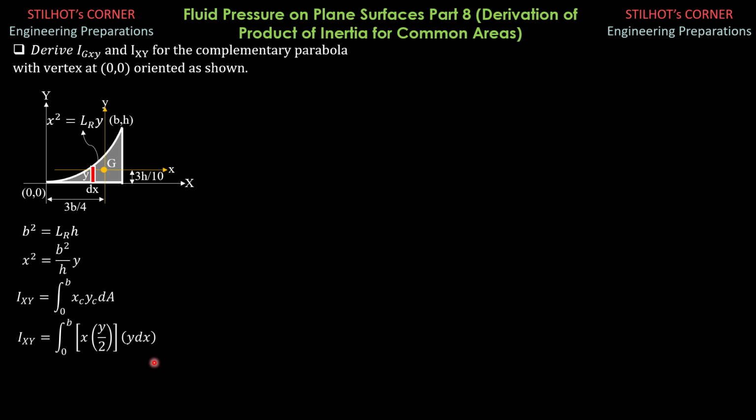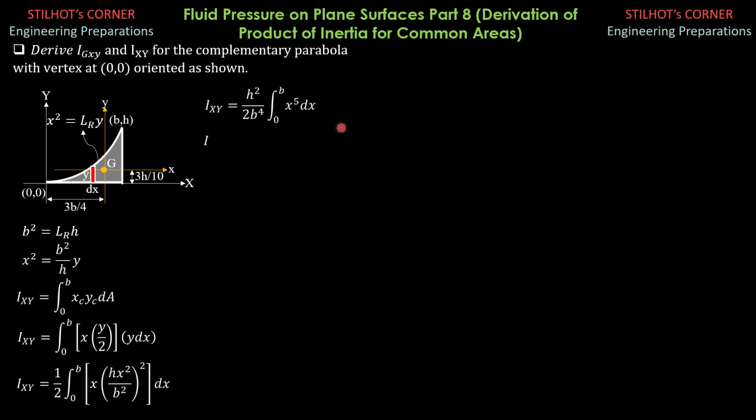So that would be 1/2 the integral from 0 to b of x y squared dx. And y is h x squared over b squared. So Ixy equals 1/2 the integral of x times h x squared over b squared, quantity squared, because that's y squared dx. Simplifying, Ixy equals h squared over 2b to the fourth, then the integral from 0 to b of x to the fourth times x, so x to the fifth dx.